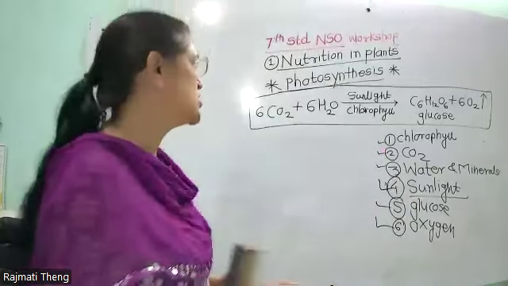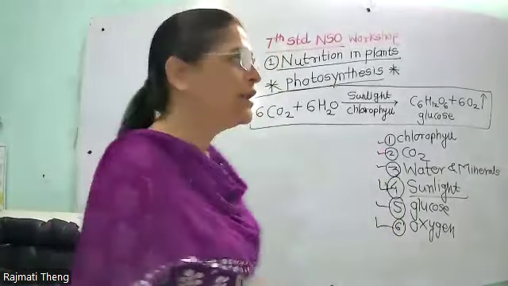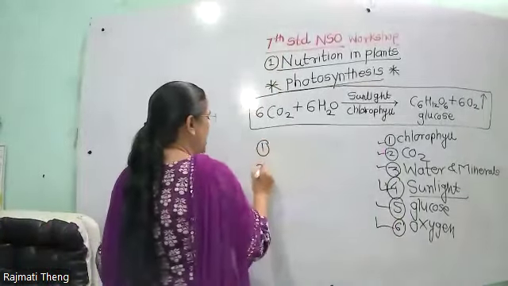Now, factors affecting photosynthesis. So, photosynthesis पे कौन कौन से फैक्टर है कि जिसका इफेक्ट होता है? टेम्परेचर, लाइट, कार्बन डाइऑक्साइड एंड वाटर.